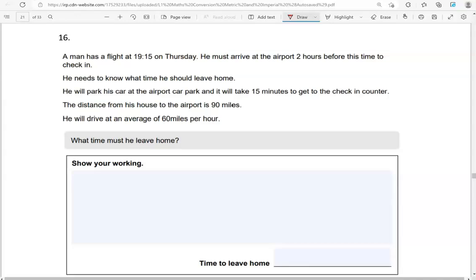Let's start with the last bit. It says the distance from his house to the airport is 90 miles. And then he will drive at an average of 60 miles per hour. So 60 miles, 1 hour. 90 miles, that's half an hour extra.